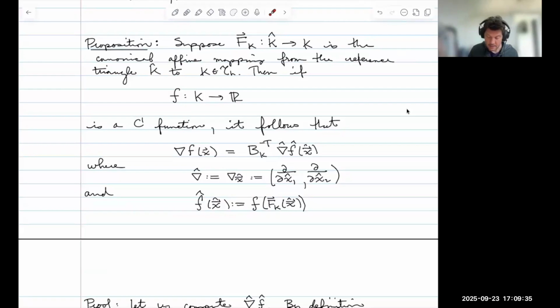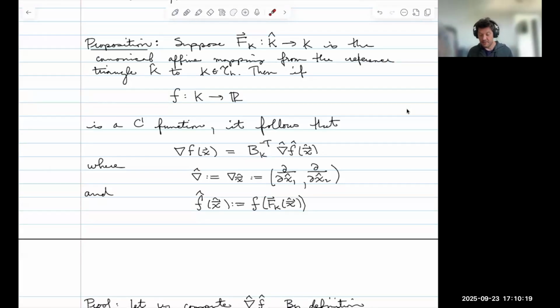Okay, suppose that we have again our canonical affine mapping from the reference triangle K hat into K. Then if f is a function from K into R, so this is a function on the tiny little triangle in our mesh, and suppose that it's a C1 function, then it follows that the gradient of f in the old coordinates x is equal to the gradient on the reference triangle in the reference triangle coordinates times this matrix, B_K minus transpose.